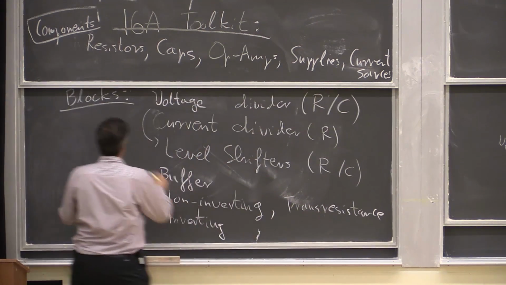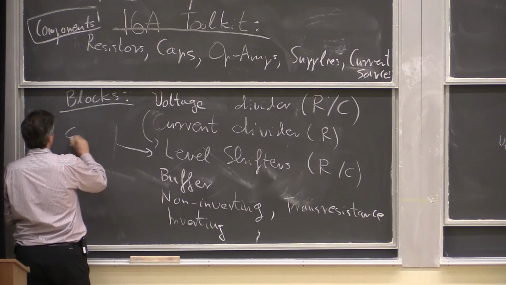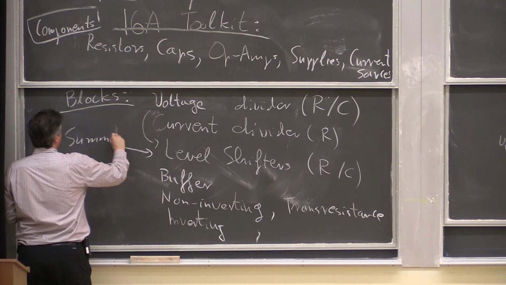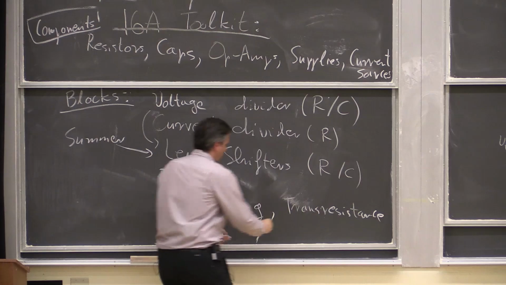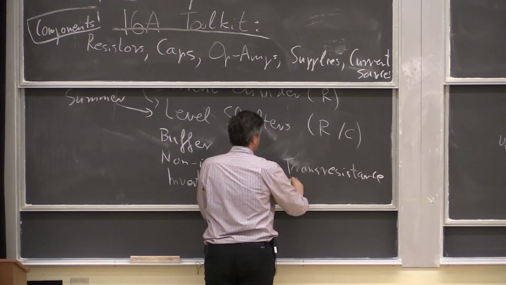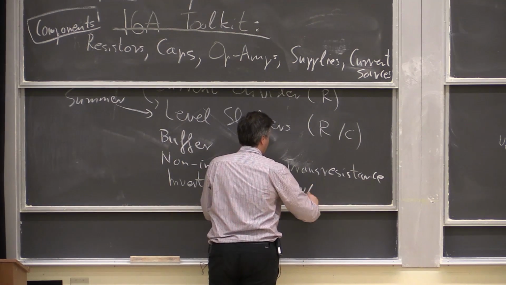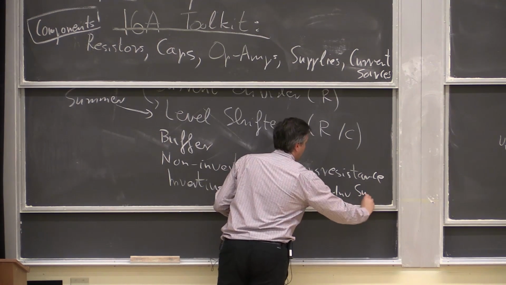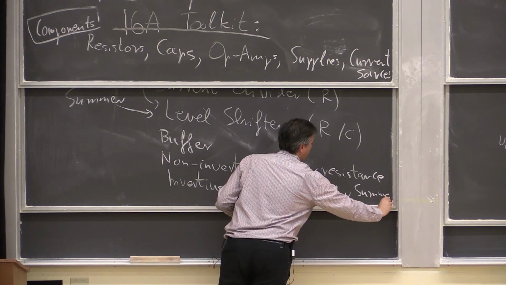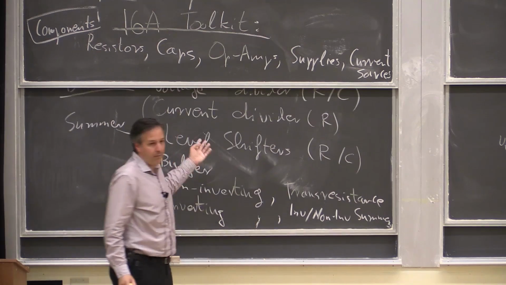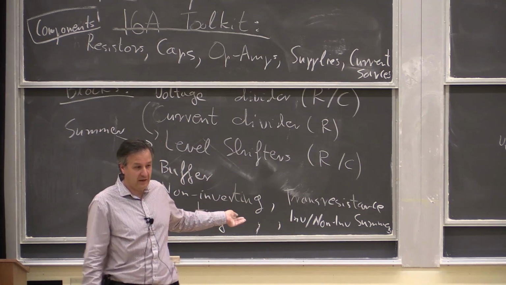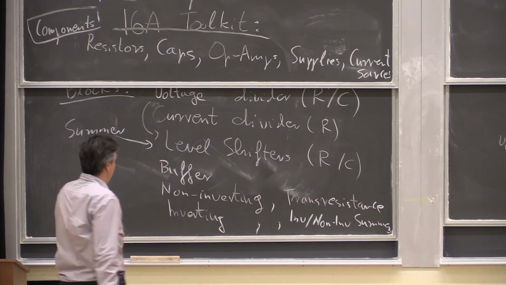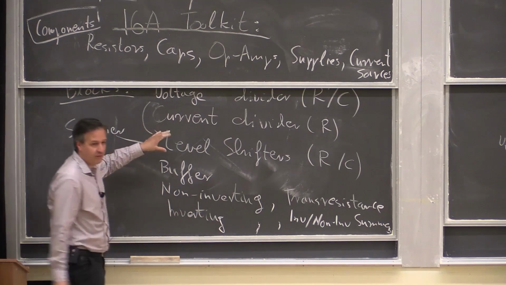Actually, one more thing here to add is a summer. And then we have inverting and non-inverting summers. Right. All these blocks we've done in the lectures so far. And in discussions, you've seen, yes?